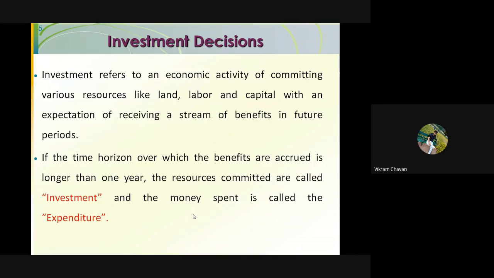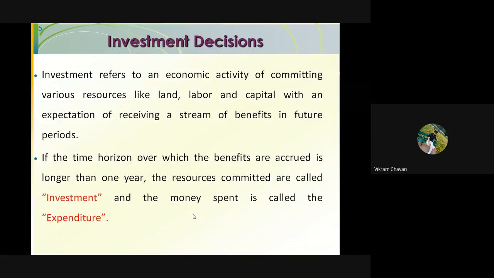But in case of firms or industry, the investment is done for land, labor, and machinery to get a benefit in the future. In the case of industries or firms, the investment is related to the labor, the machinery, and land.